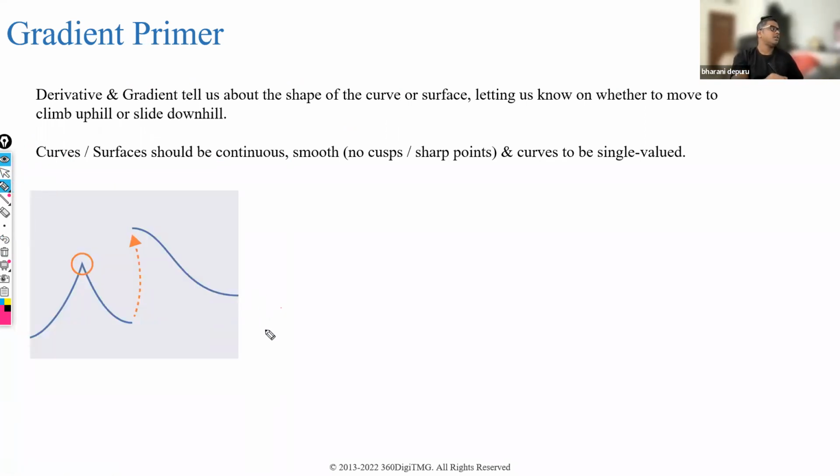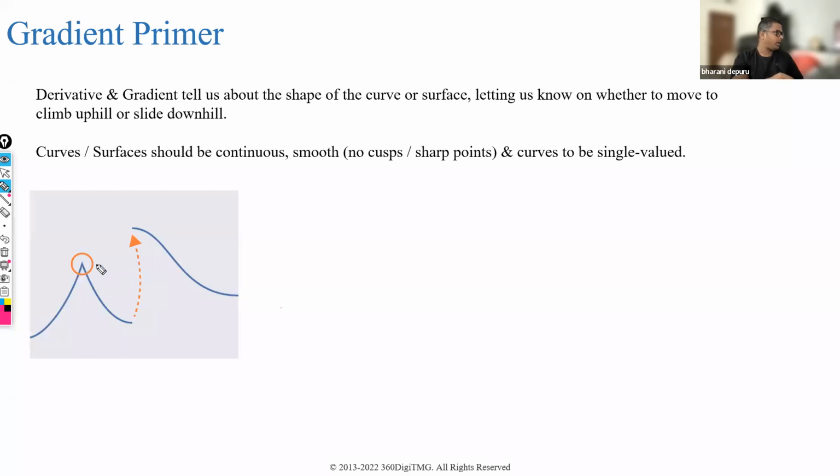What are the various things that are getting violated? So curves should be continuous. Is this continuous? No. It's coming like that, and there is discontinuity from here to here. Again, there is a curve. It should be smooth. There should not be any cusps or sharp points. But here you have a sharp point.